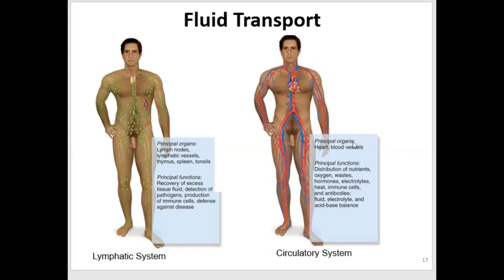So your whole blood volume diminishes a little bit every time your heart beats. However, that fluid is recaptured and sent back into the circulatory system. It happens because the lymphatic system captures that lost fluid in its lymphatic vessels and then deposits it back into a vein close to the heart. So they're both involved with fluid transport.